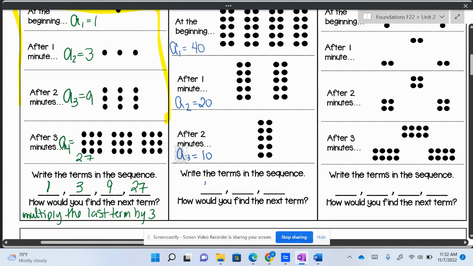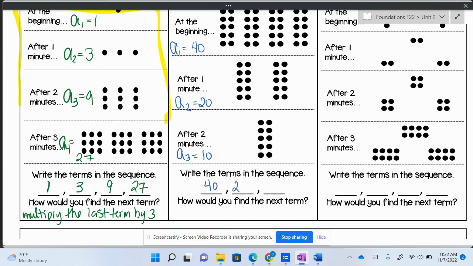Write the terms in our sequence: 40, 20, and 10. How would you find the next term? Are we dividing by 10 or are we dividing by 2?